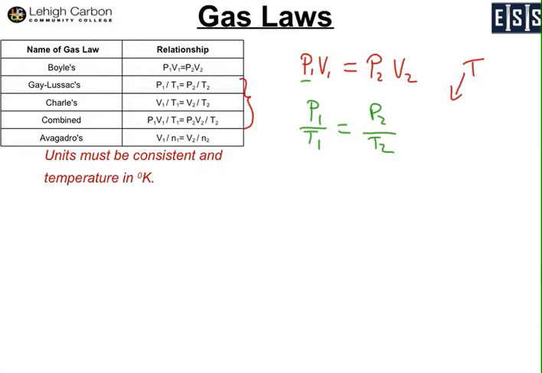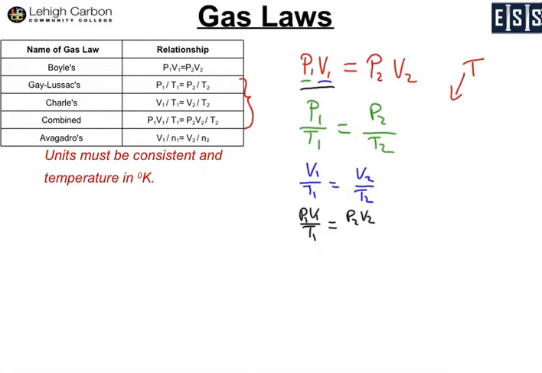Now you can take the second term, V1 over T1 equal to V2 over T2, and that gets you Charles's law. And then finally, if you take the entire term, PV, and put it over T, you have your combined gas law, over T2.